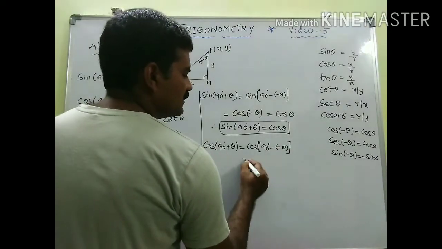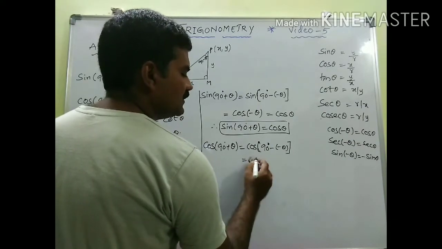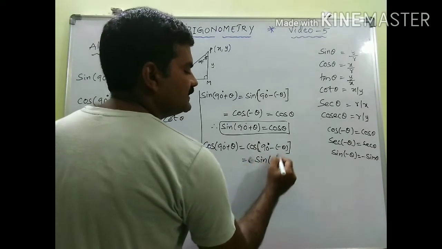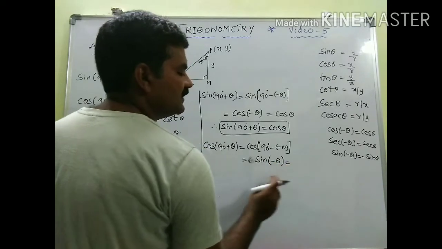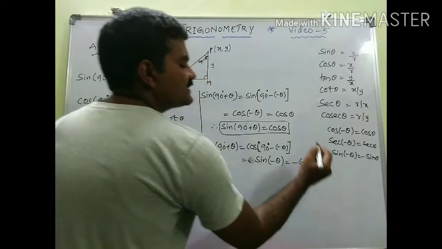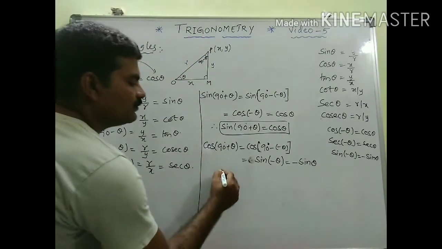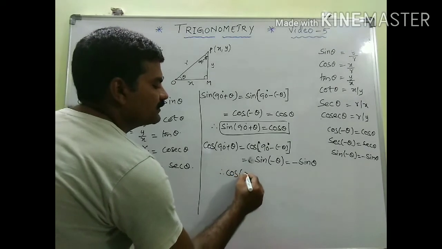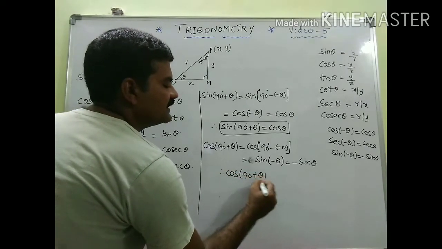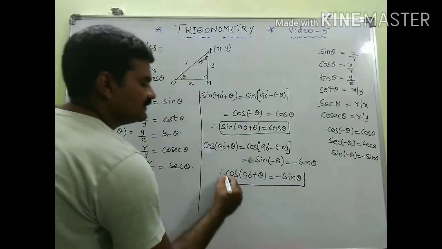So now cos of 90 minus theta is sine theta, no? So let it be sine, and here theta is minus theta. And sine of minus theta is minus sine theta. Are you understanding? So therefore what I got is cos of 90 plus theta equals minus sine theta.